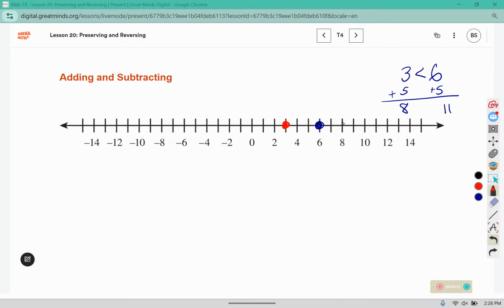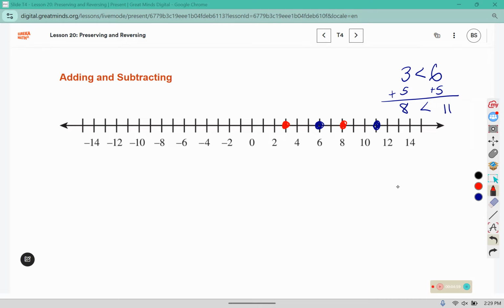So now I have 8 and 11. Is 8 still less than 11? Well, yeah, it's still to the left. So the new inequality statement is still true because the 8 is to the left, so it is less than.